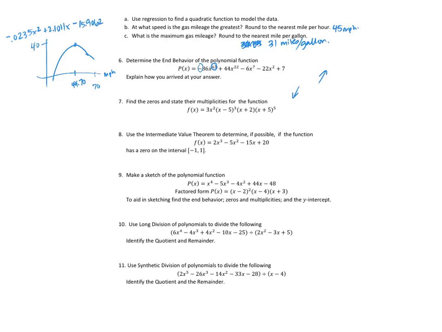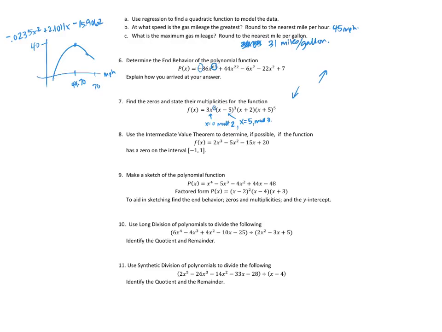Okay, for finding the zeros and stating their multiplicities, I can see that this corresponds to the zero of x equals 0, and the multiplicity of that is 2 because it's squared there. Then from the next one I get x equals 5, and the multiplicity is 3 on that one.